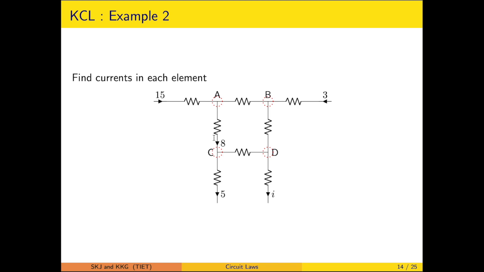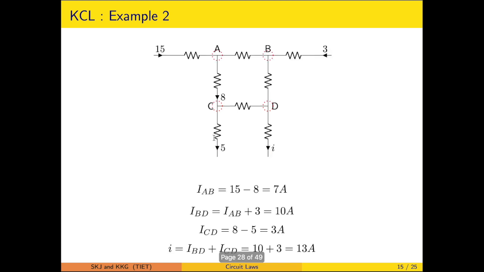Similarly you could calculate the other currents as well. Similarly IBD you can calculate. This will be an incoming current for B, and this will be an incoming current of 3 ampere. So IBD will be 7 plus 3, 10 ampere. On a similar line you can easily calculate the other currents.